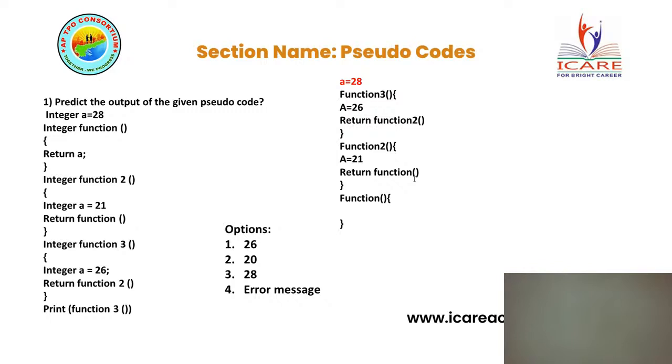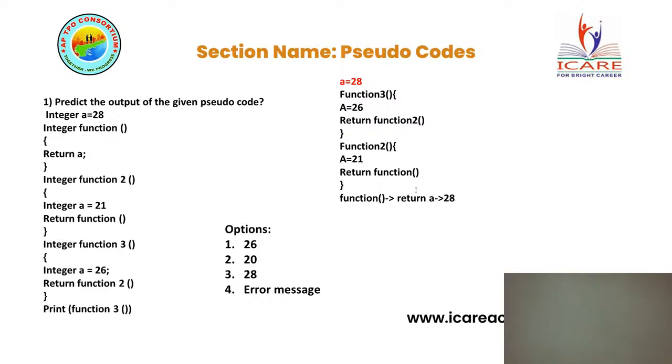So where it has been called within the function 2 return statement, whenever we are calling the function, it is returning a value. So a is nothing but 28, which is the global variable.